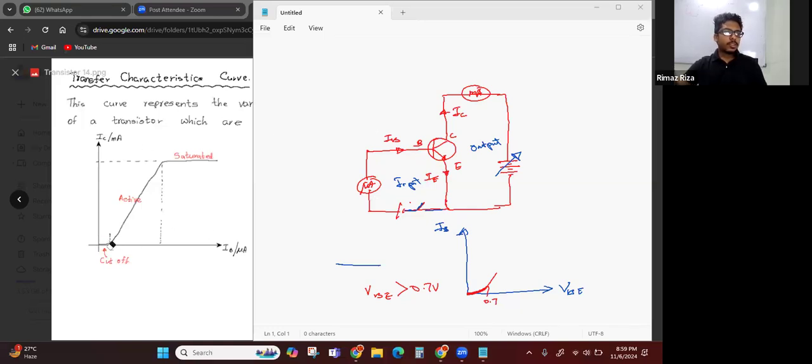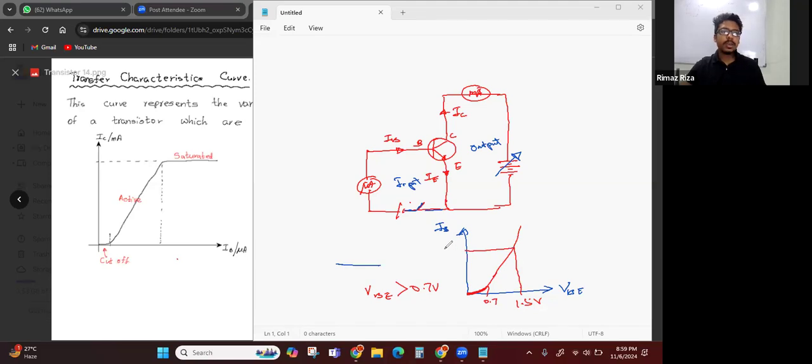If the BE junction is not biased, there won't be any current in the output circuit. That's why it is known as the cutoff region. After this value, let's say you are fixing VB at 1.5 volt.